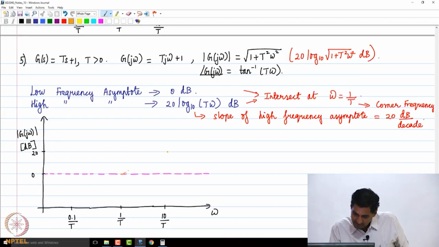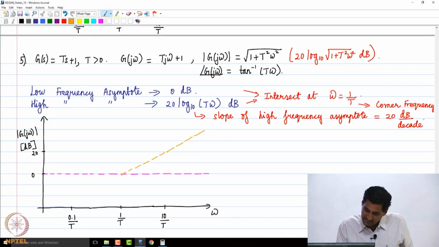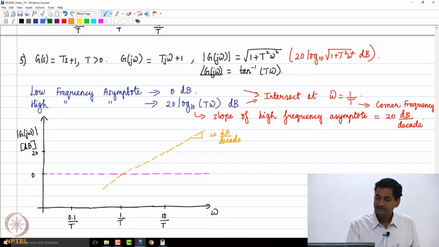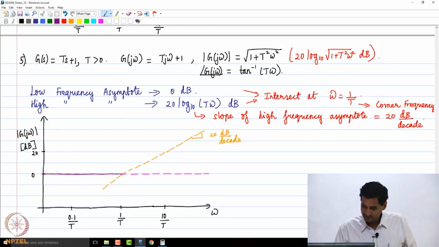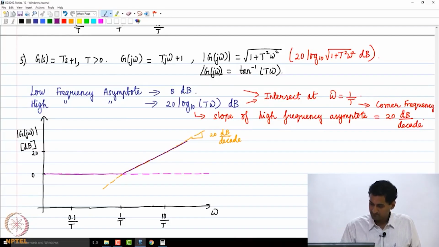So, the high frequency asymptote is going to be this, which has a slope of plus 20 decibels per decade, and the approximation is going to be this, in that color.